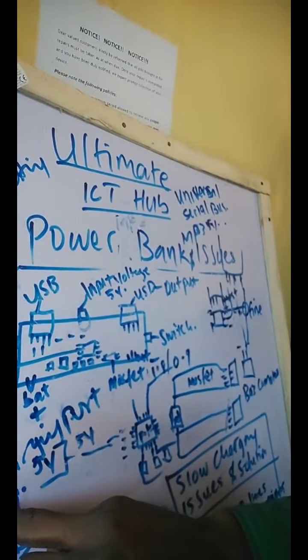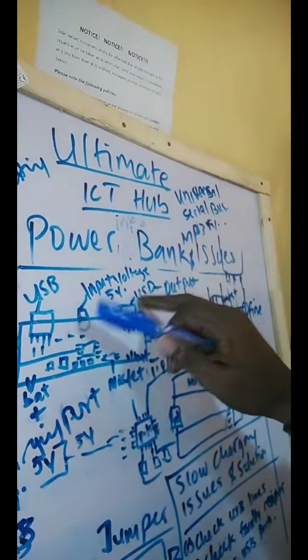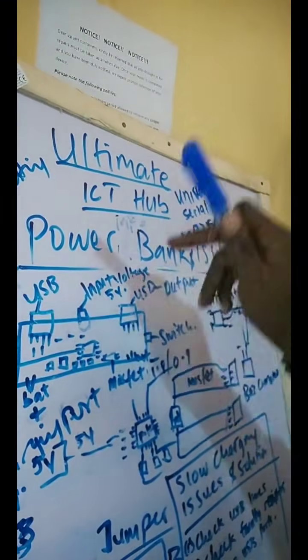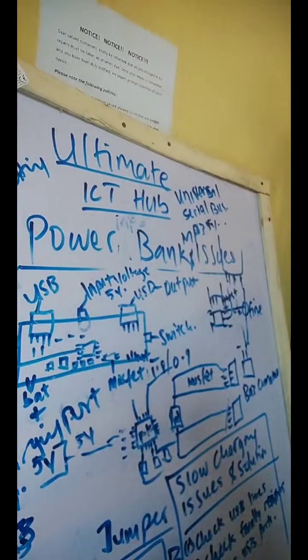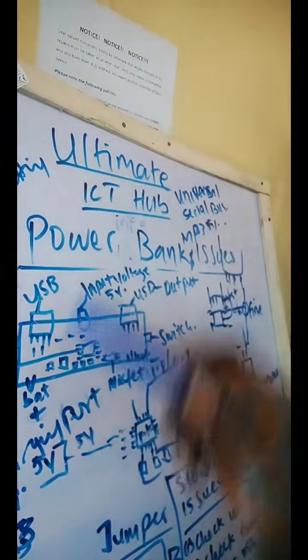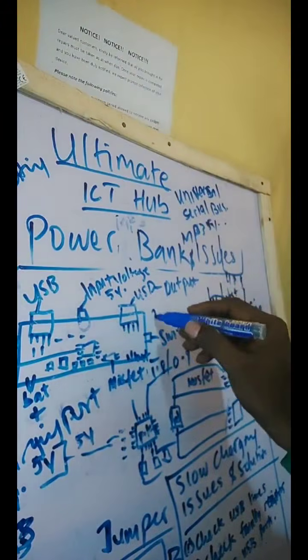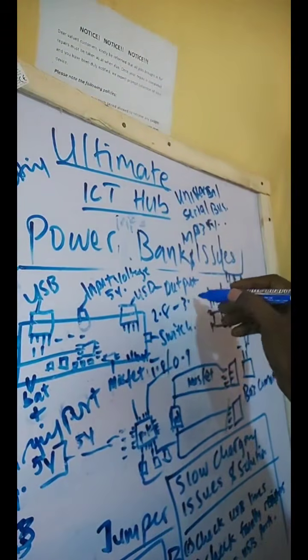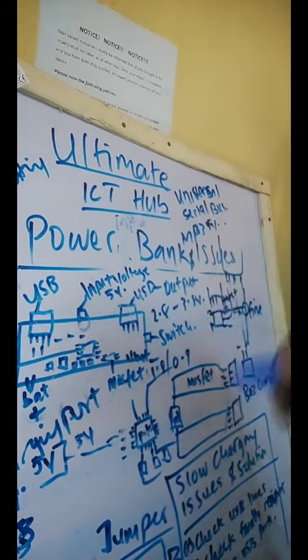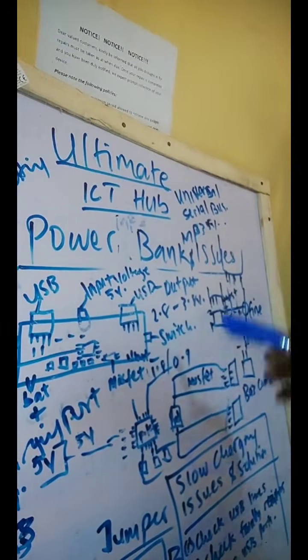Because if this current flow still came to this output, there would be issues for the phone you are charging. You don't need 5 volts to charge your phone. You need between 2.8 to 3.8 volts to charge a phone.